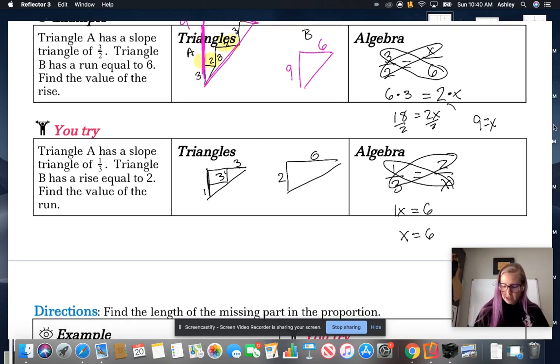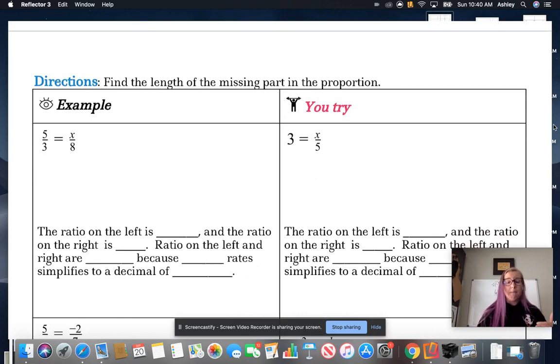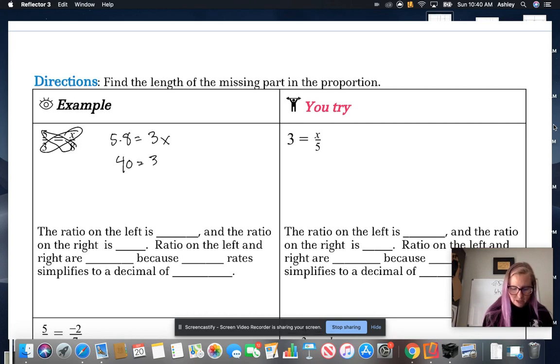Okay, all right, so if we want to solve these algebraically, because often that's the easiest, we're just going to cross multiply. So we're going to do 5 times 8 is equal to 3 times x. 5 times 8 is 40, equals 3x.